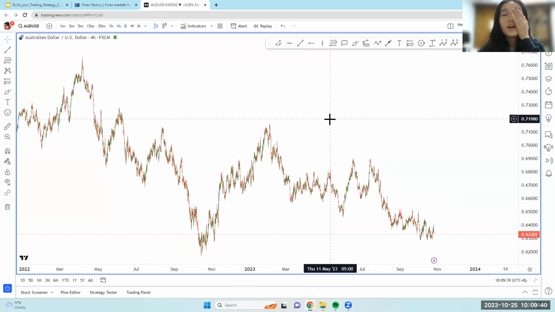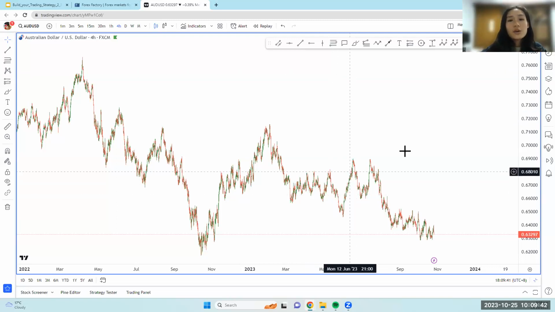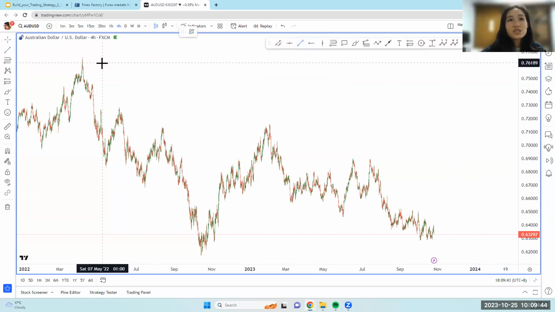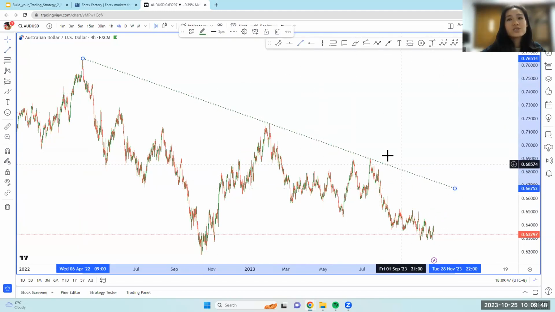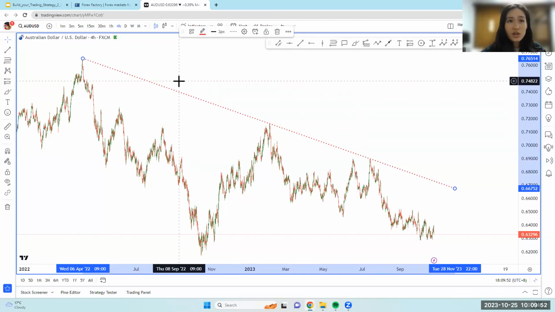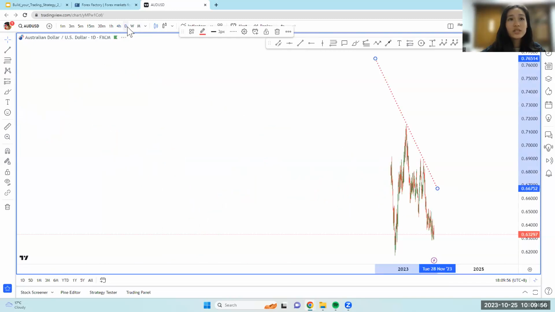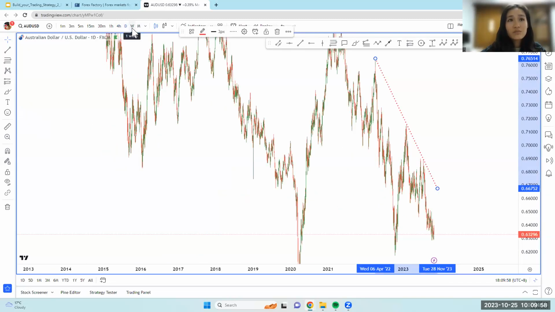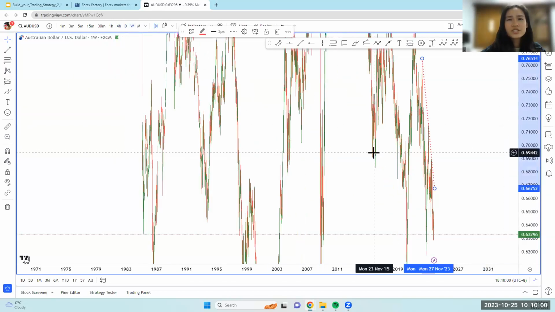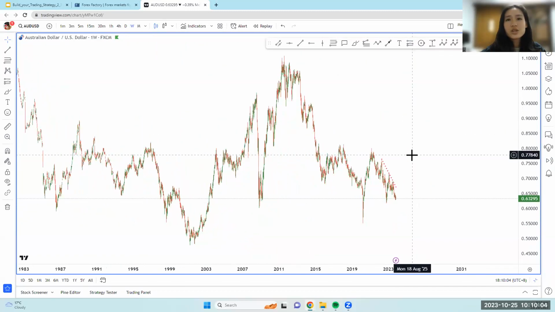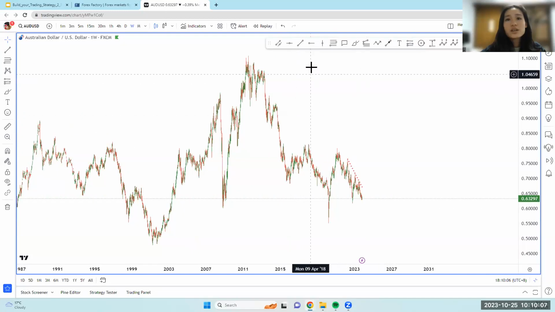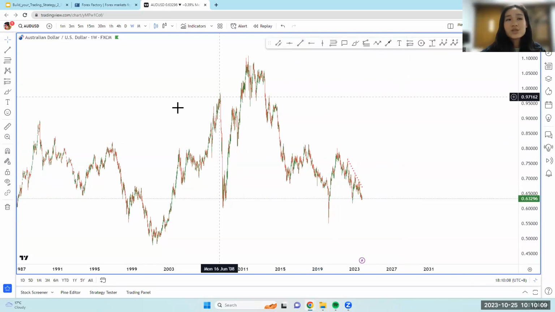If I want to analyze this on the 4-hour time frame, I will go in with all of my trend lines, the Fibonacci, and so on and so forth. But I will also want to reference the higher time frames, such as the 1 day as well as the 1 week. The reason for this is so that you can see what the general trend is.